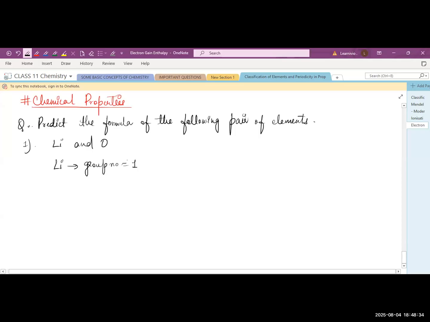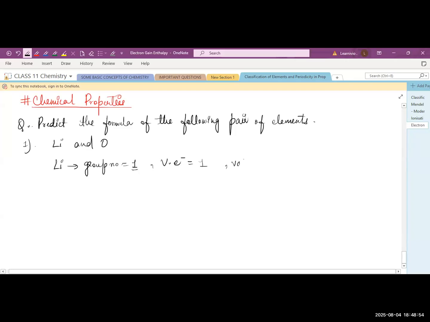I told you earlier in this chapter that the unit digit of the group number is equal to the valence electron, right? So here the 1 is your valence electron. What is the valence electron in lithium? So 1.